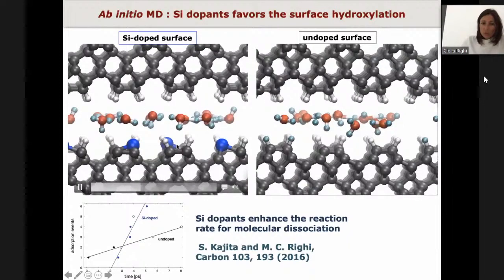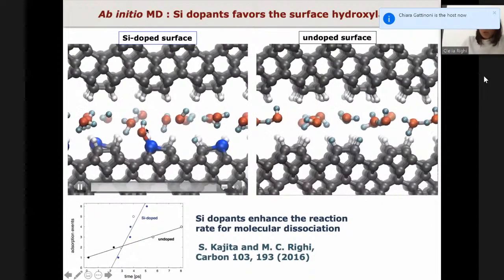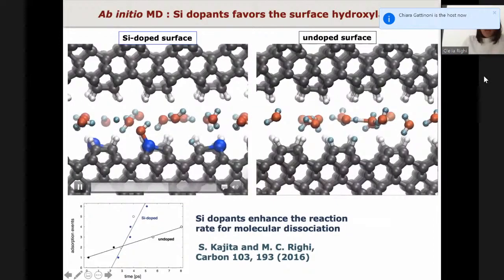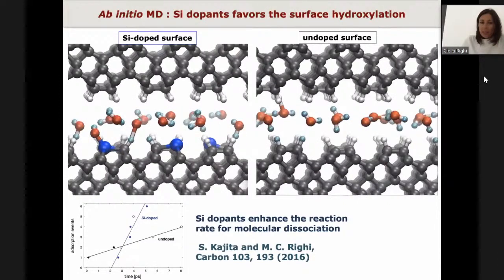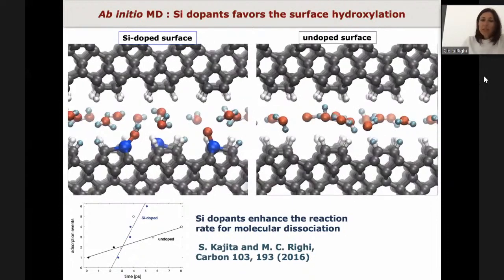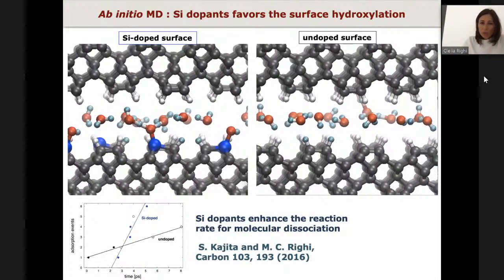You see that silicon atoms capture these hydroxyl groups and enhance the reaction rate for molecular dissociation. And this is consistent with the energy barrier that we calculated from static first principle calculation that show that the presence of silicon atom can reduce the barrier for water splitting to half of its value.